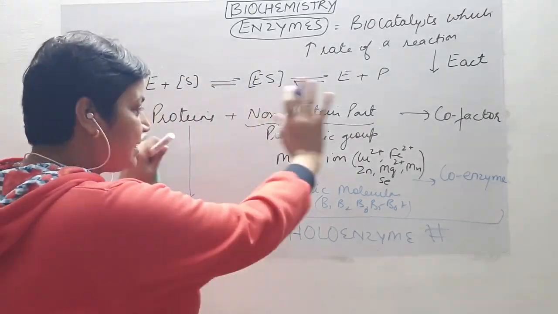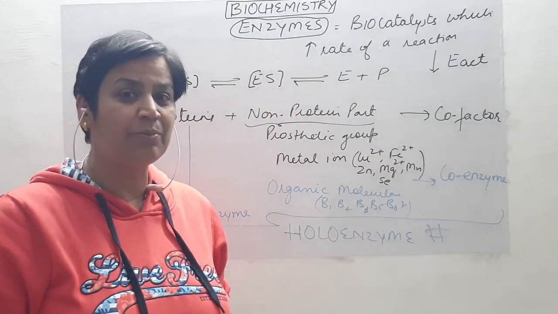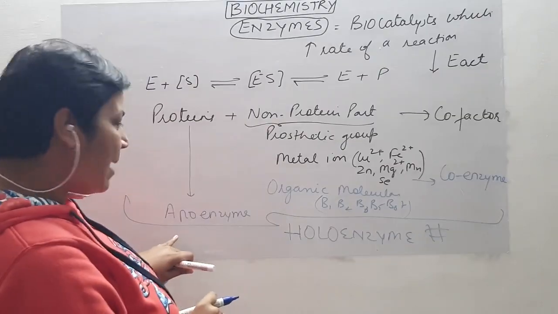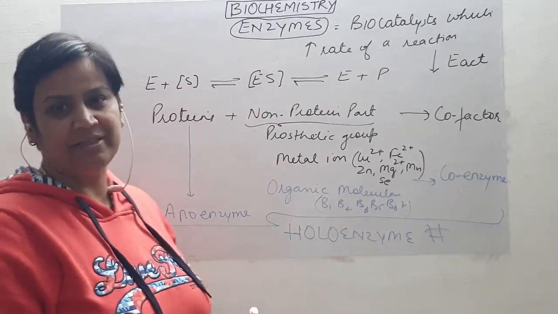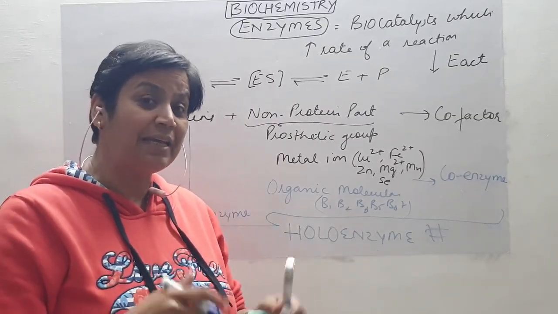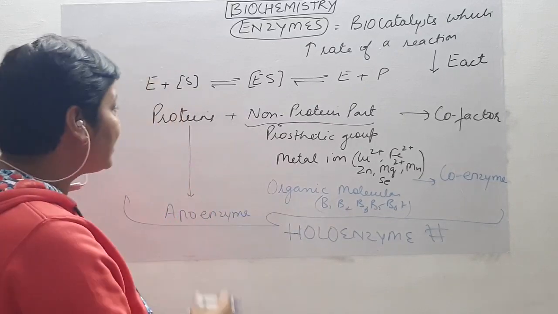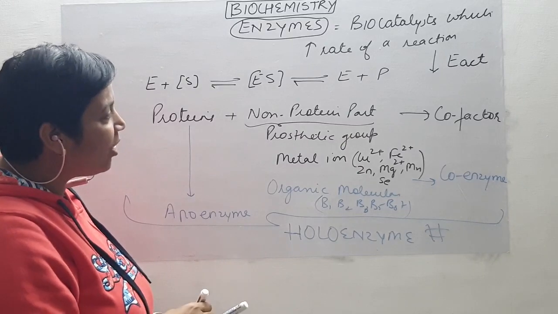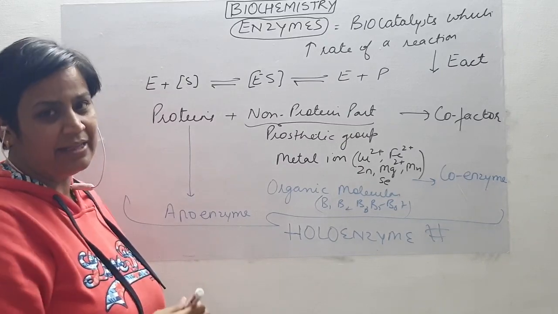So now by just seeing this, you can differentiate between a cofactor, a coenzyme, an apoenzyme and a holoenzyme. So this is how the enzyme is acting. And how is the enzyme acting? Enzyme is acting on the substrate, forming this enzyme substrate complex to give enzyme and the product.